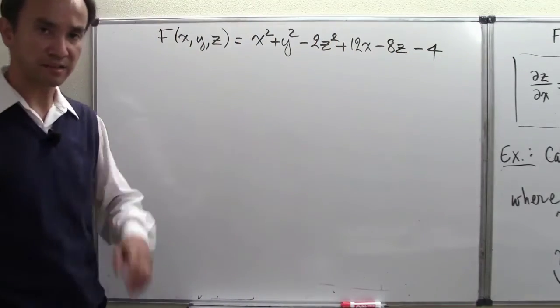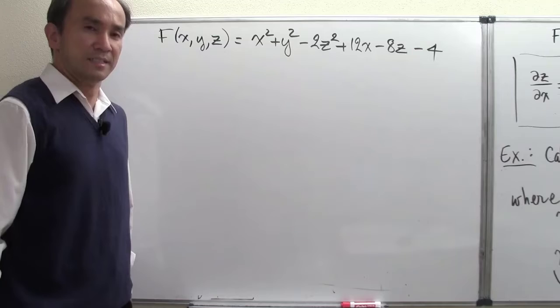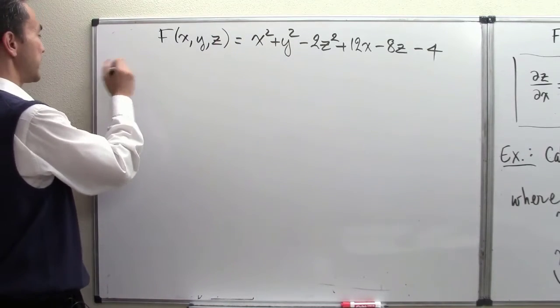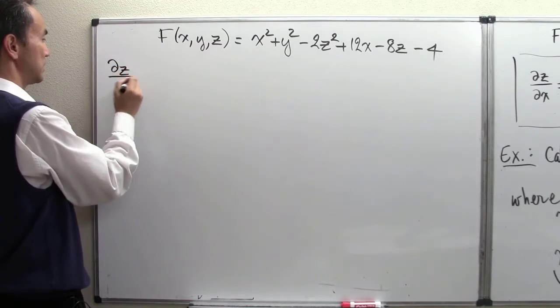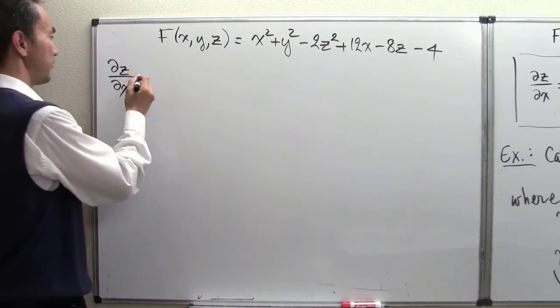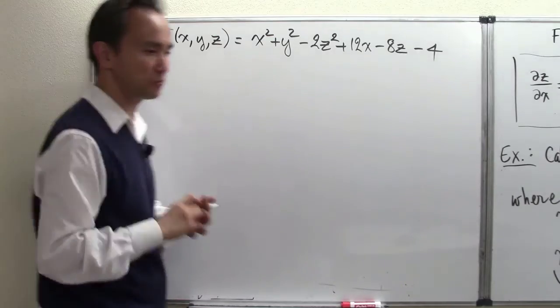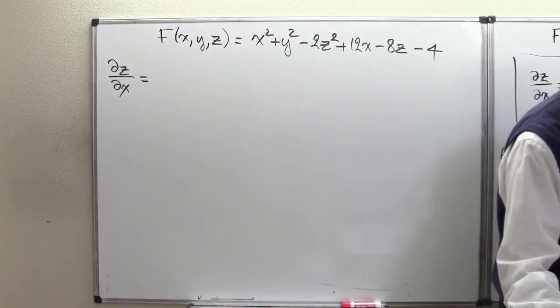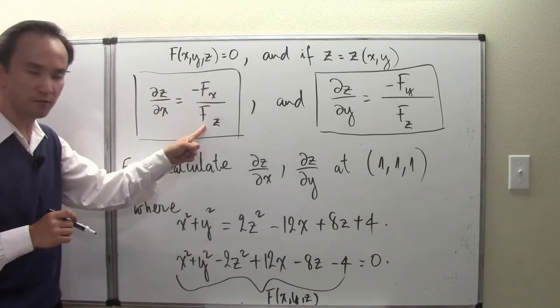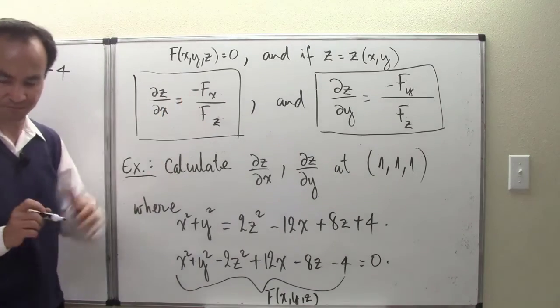That's capital F of x, y, and z. So now, to find our dz/dx as required by the problem, let's look back at the formula. The formula right here says we need minus fx over fz. Pretty straightforward.